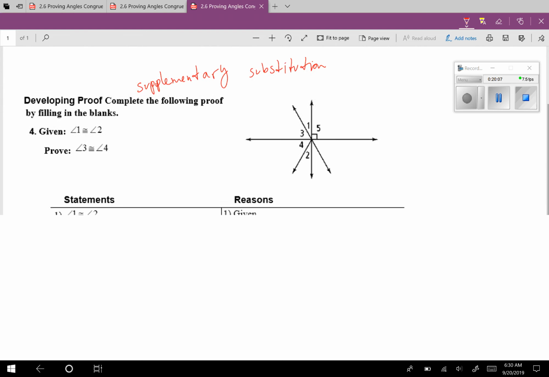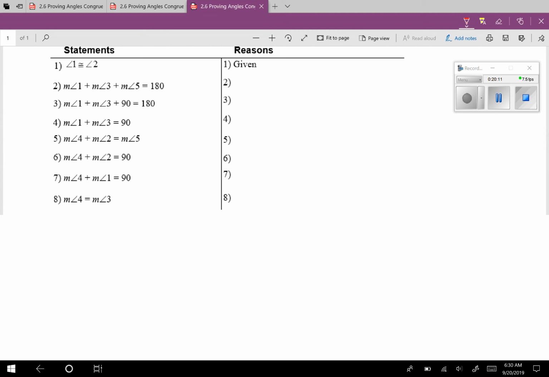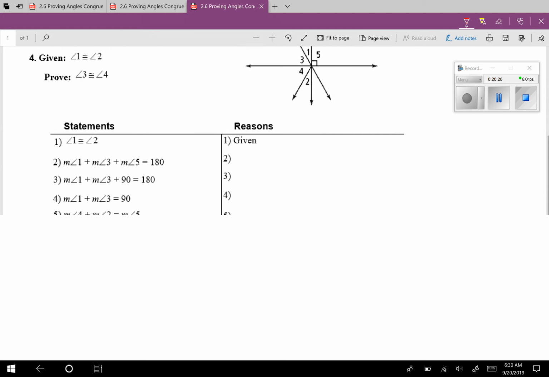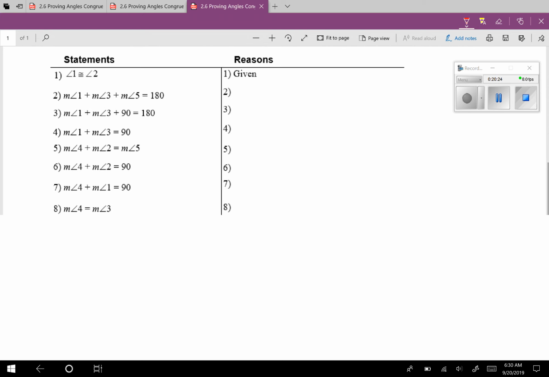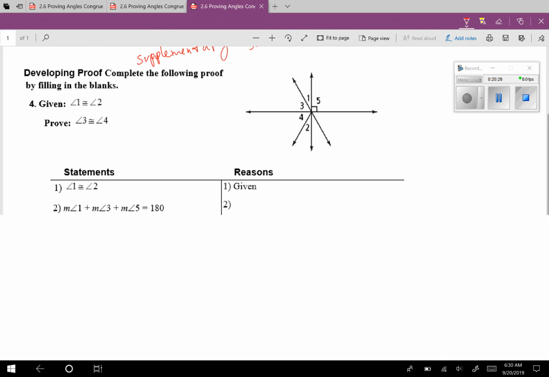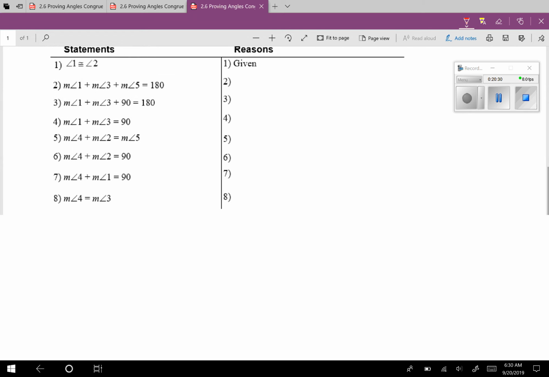So you got supplementary, substitution, and I think that's pretty much it so far there. Yeah, subtraction property. Okay, so if you're adding something to both sides or subtracting something from both sides, then you use the addition or subtraction properties.